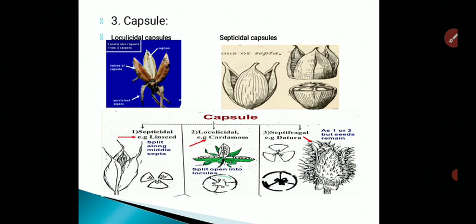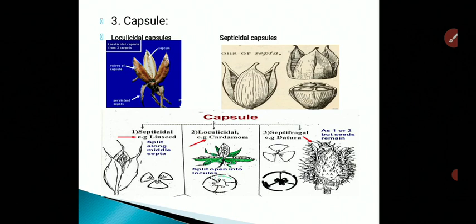Generally capsules are a little bit long, elongated fruits which open up after maturity, and these are classified into the following types. Look at the diagram: first septicidal, second loculicidal, and third septifragal.